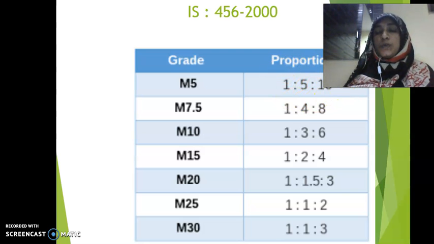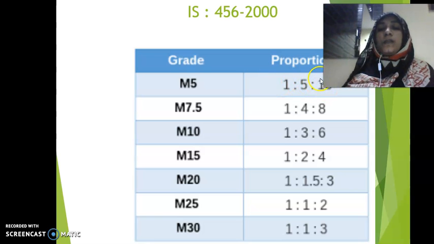This ratio shows 1:5:10. The ratio shows that if we take a unit of cement, then we need to add 5 times sand and 10 times aggregate. This proportion is of M5 grade.